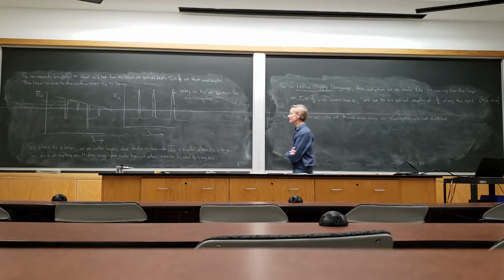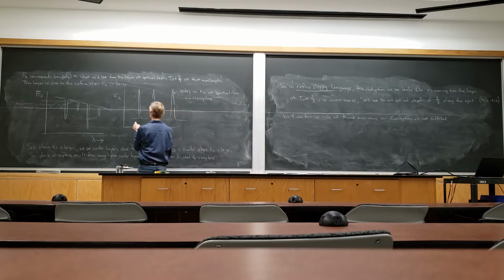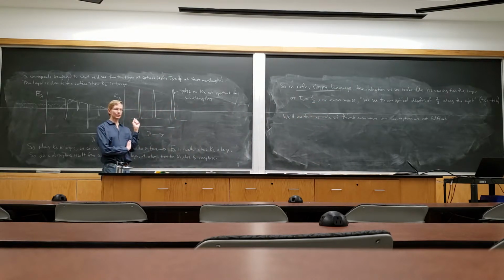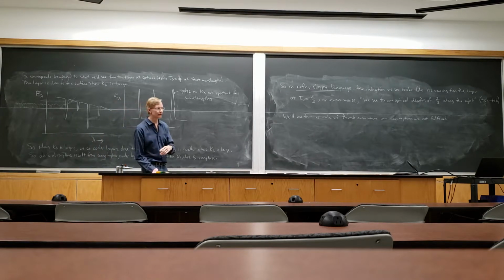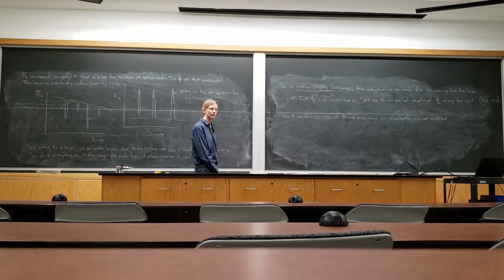So the opacity here is still going to spike up at atomic transition wavelengths because the atoms are very good at absorbing those wavelengths, because of the cross section. So the opacity would still spike at spectral line wavelengths. The mean-free path would be very short because the atoms are very good at absorbing those photons.